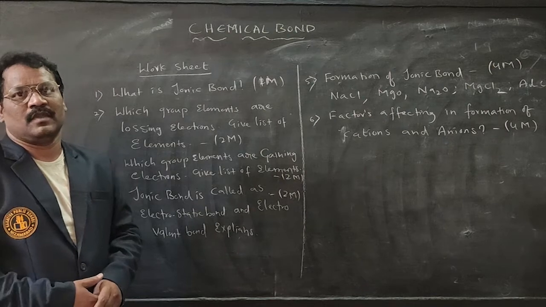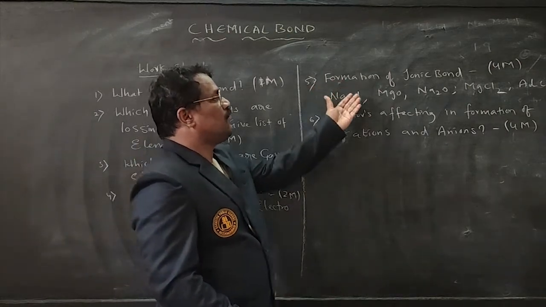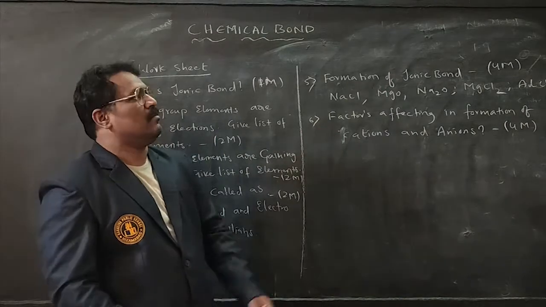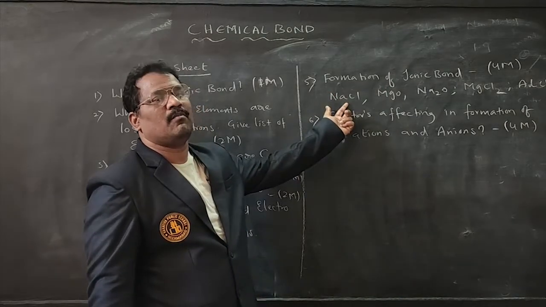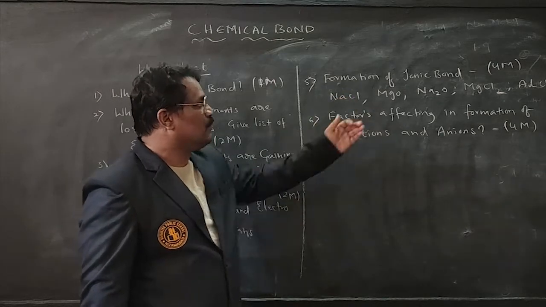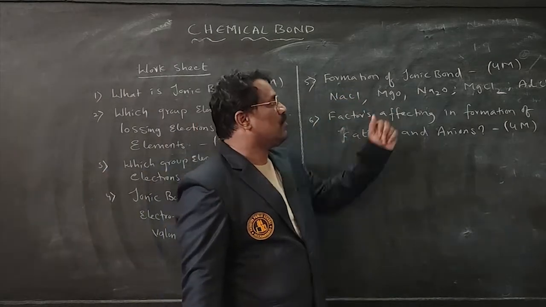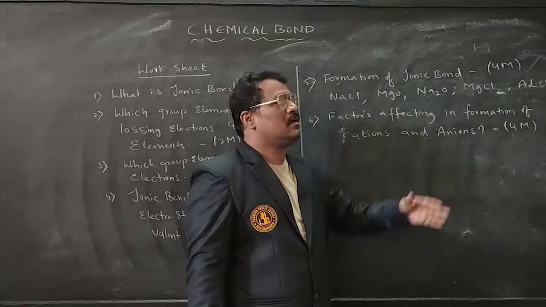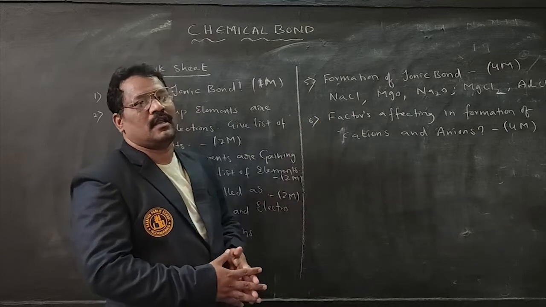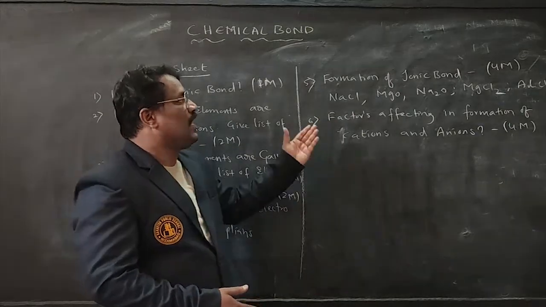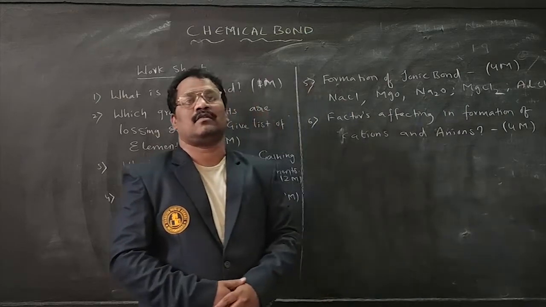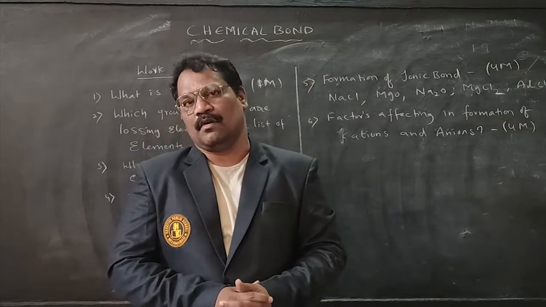Why? You do it. For 4 mark questions, they may ask how an ionic bond forms using compounds such as sodium chloride, magnesium oxide, sodium oxide, magnesium chloride, aluminium chloride. Similarly, the 6 mark question is the factors affecting the formation of cations and anions to form an ionic bond.